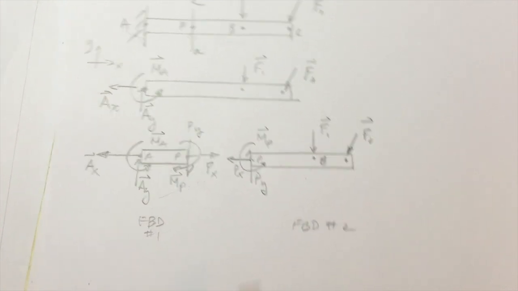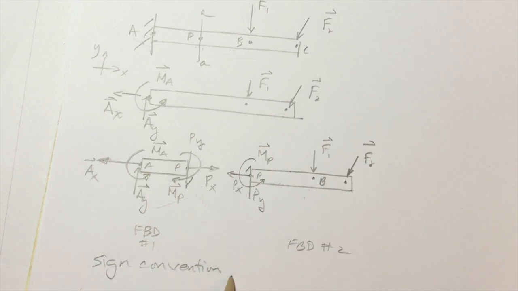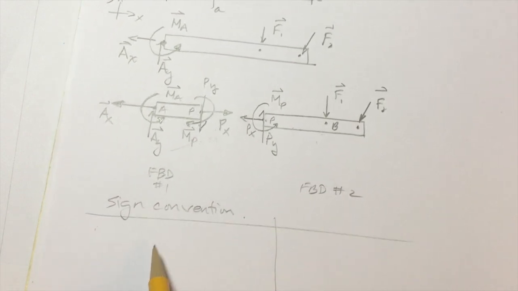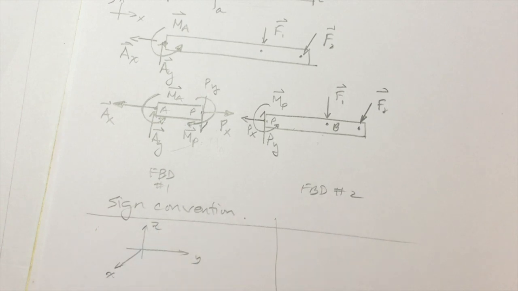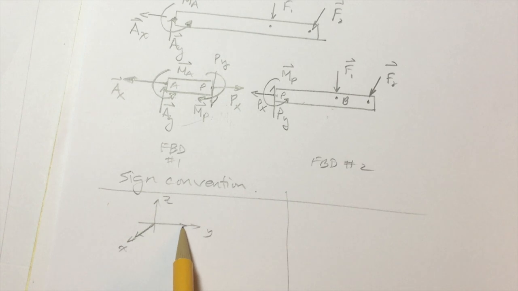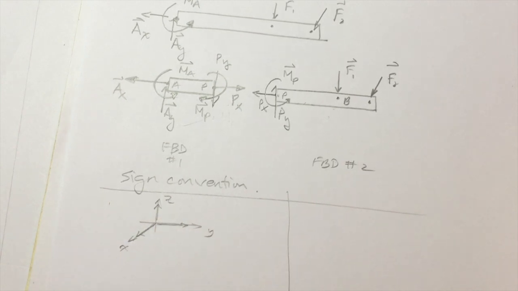So now what we have to do is talk about sign conventions. So I know so far in our analysis, we said that if we establish our X, Y, Z axes like that, if the force is going in these positive X, Y, Z directions, we said it would be positive.